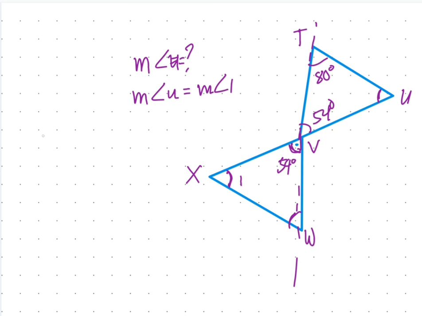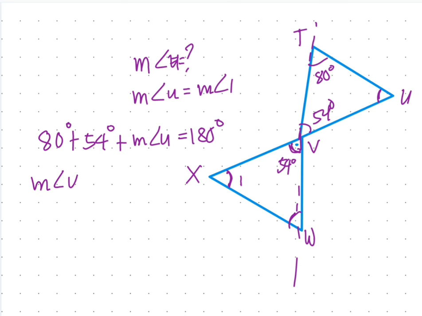Or you can do it like this: 80 degrees plus 54 degrees plus the measure of angle U equals 180 degrees. So the measure of angle U is equal to 180 degrees minus, what is 80 and 54? That is 134.